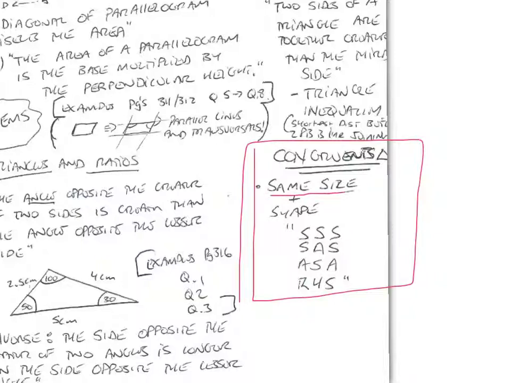Congruent triangles are the same size and shape, and two triangles will always be congruent if they have three sides the same length, or they have the same angle size between two sides of the same length, or both triangles have a side of a particular length that's between two angles of the same size, or finally the two triangles can be congruent if they both have a right angle, same length hypotenuse, and one other side the same length.